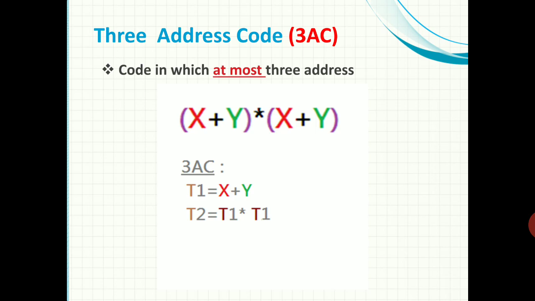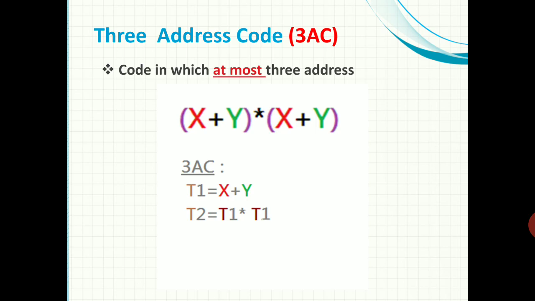So this expression contains four references. It is not in three-address code. So we have to convert this into three-address code, which may contain at most three references. For that we store intermediate results in temporary variables, t1, t2, t3, like that.